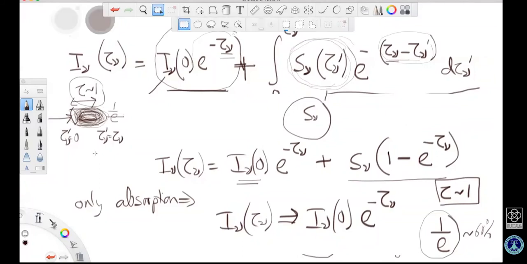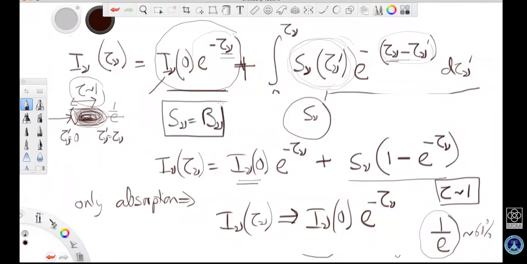Now let me also say that if matter is in thermal equilibrium, then S is going to be the black body. This is Kirchhoff's law.